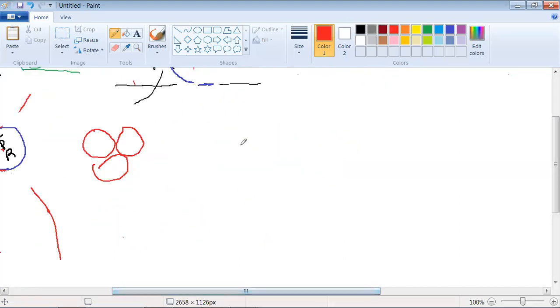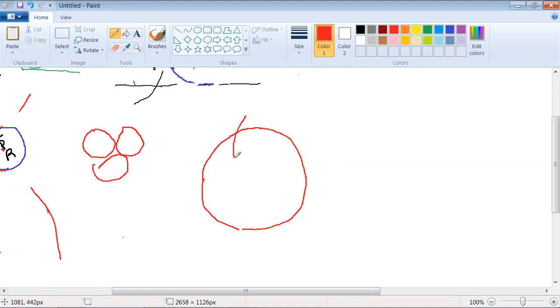let's look at it. Say, for instance, that we have, let me draw a big circle here. All right, we have this circle, right? And we have another circle, this one here.